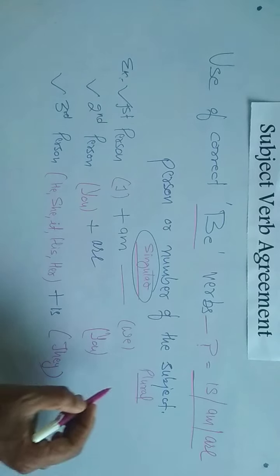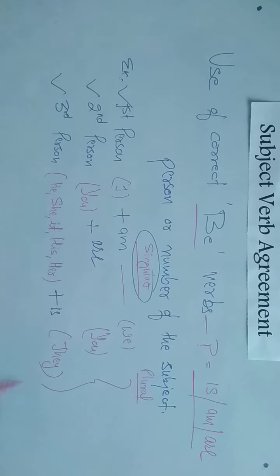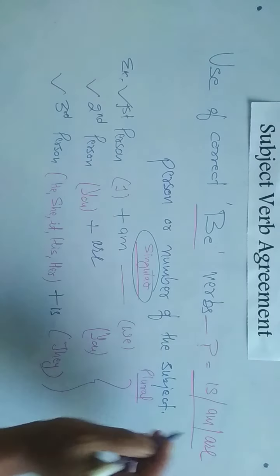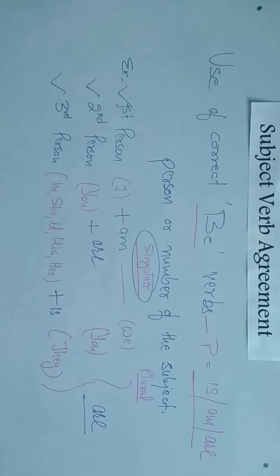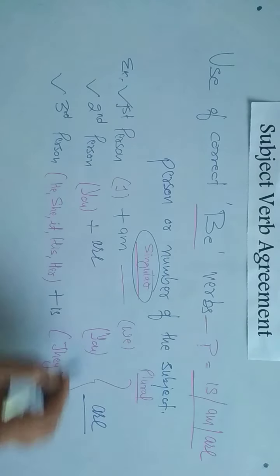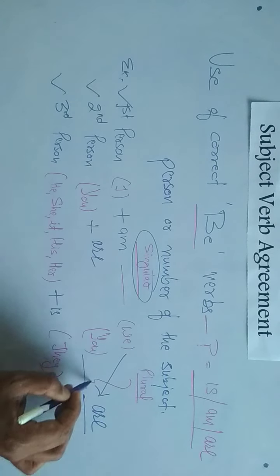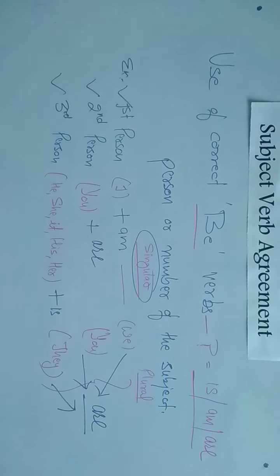So in all these cases, we always use the correct form of be, that is are. In all the cases, we are, you are, they are. So students, I hope you have understood how to use the correct form of be verbs.